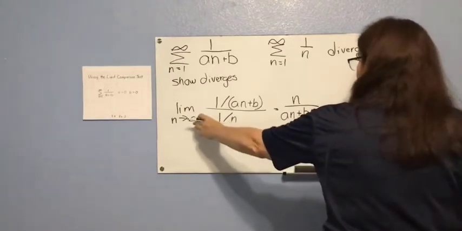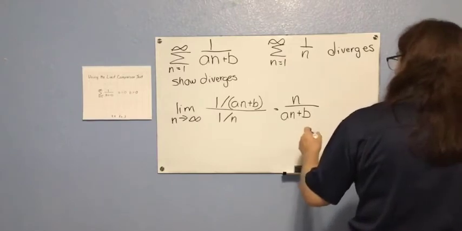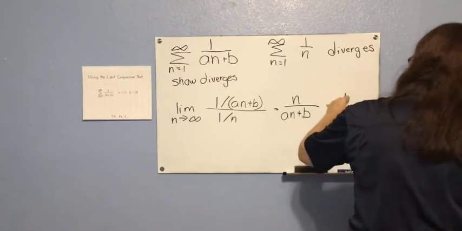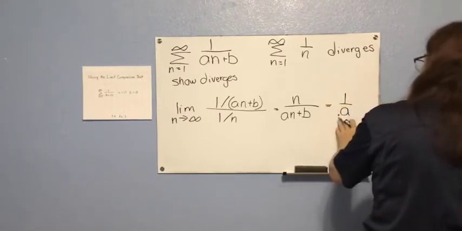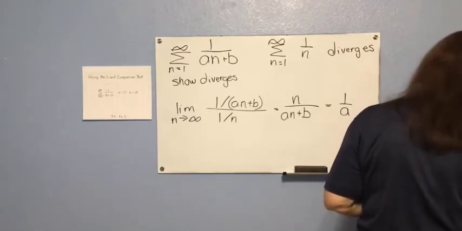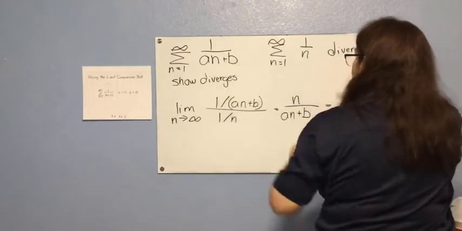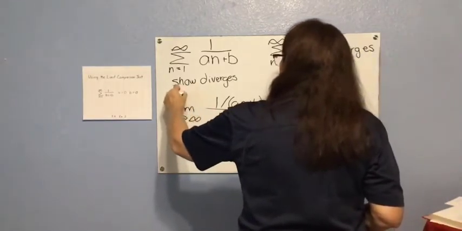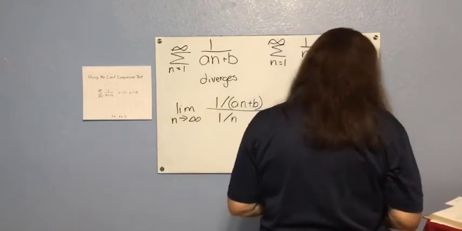And when I take the limit as n goes to infinity, I end up with 1 over a. Okay, so I have a limit. The limit is greater than 0. And so I can conclude that these two series do the same thing. Since I know this one diverges, I know that this one also diverges. So I have shown that.